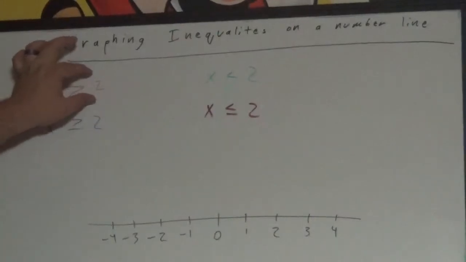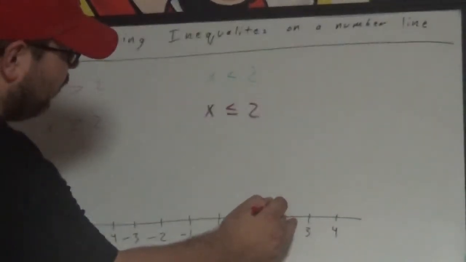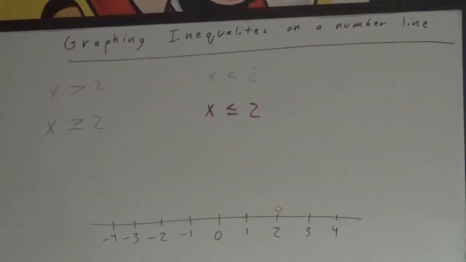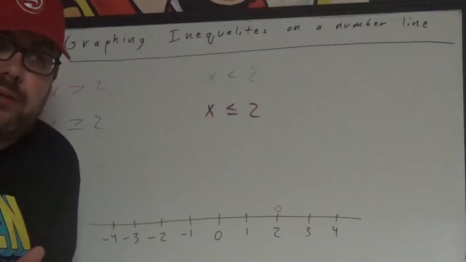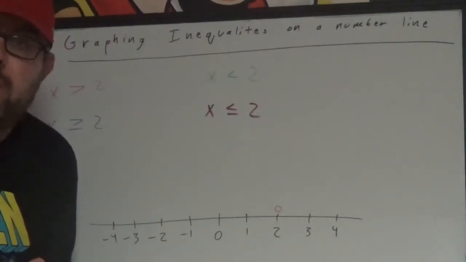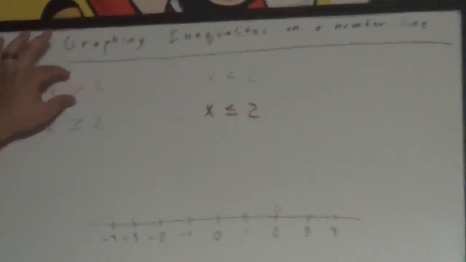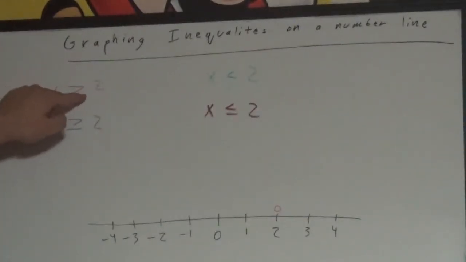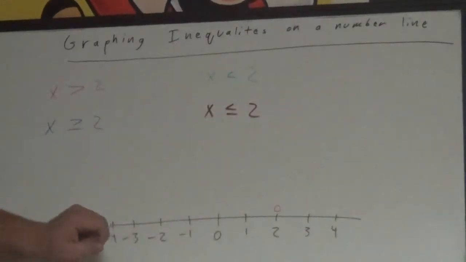When you see it's 2, I'm going to plot a point on 2. Now, because it's greater than, I'm going to put what I think of as an open circle. So that's the first thing, I'm going to look at the sign, and if it says greater than or if it says less than, I'm going to put an open circle.